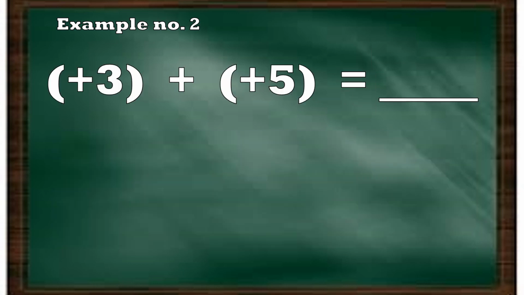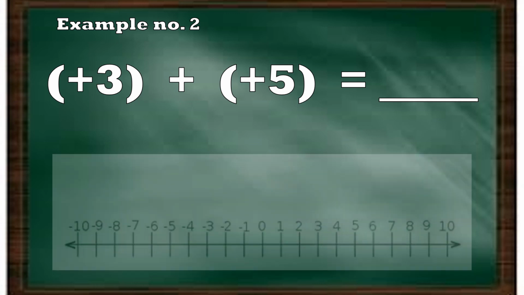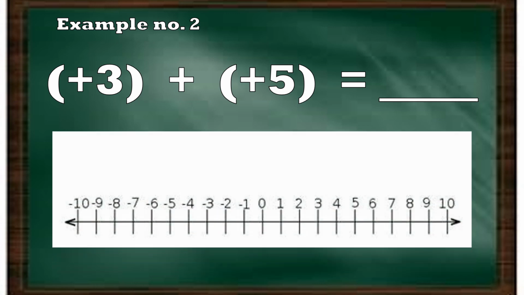Let us proceed now to the next example. Example number 2. Positive 3 plus positive 5. Again, in order to answer this question, we will draw first a number line. And then, the first step is to locate the first integer, which is the positive 3 in the number line. And the second step, let us identify whether the second number is positive or negative.